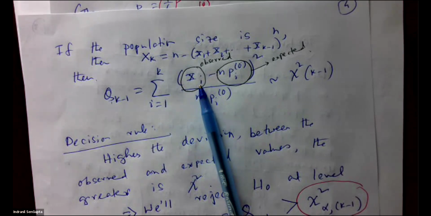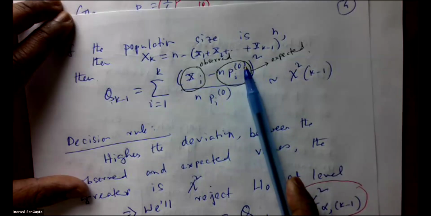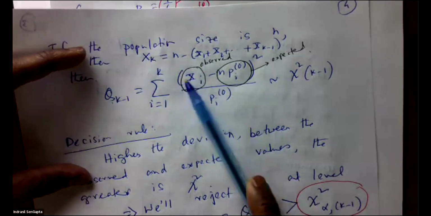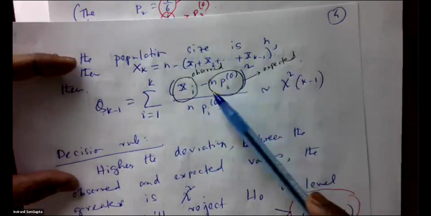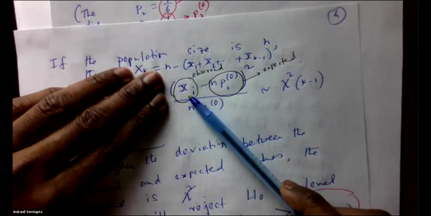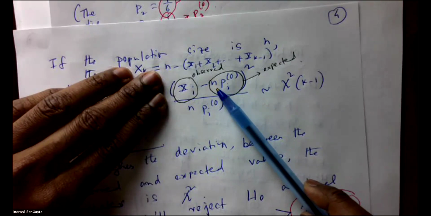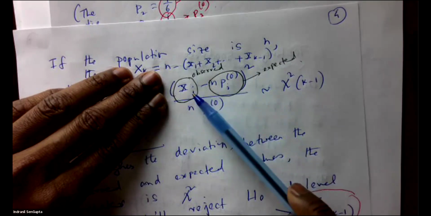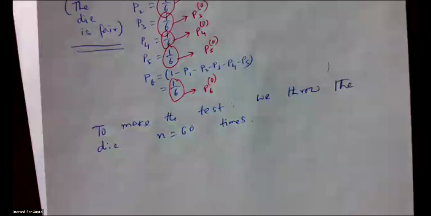What is n? That is 60. Pi0, I already specified: all these numbers are 1/6. This is the observed value, and this is the expected value. What is the expected value for getting, say, number 1? If it's a fair die and you throw it 60 times, 60 times 1/6 means we expect 1 ten times. That is what we wrote as the expected value.